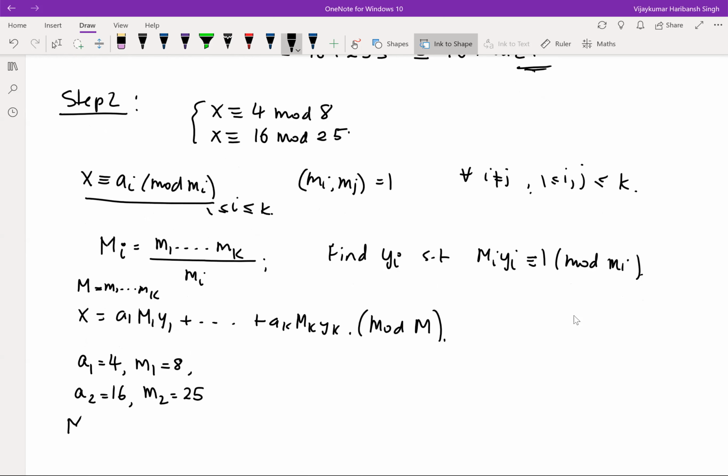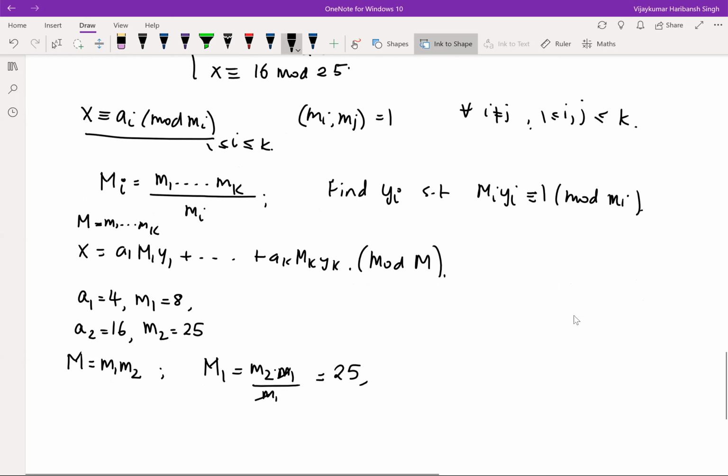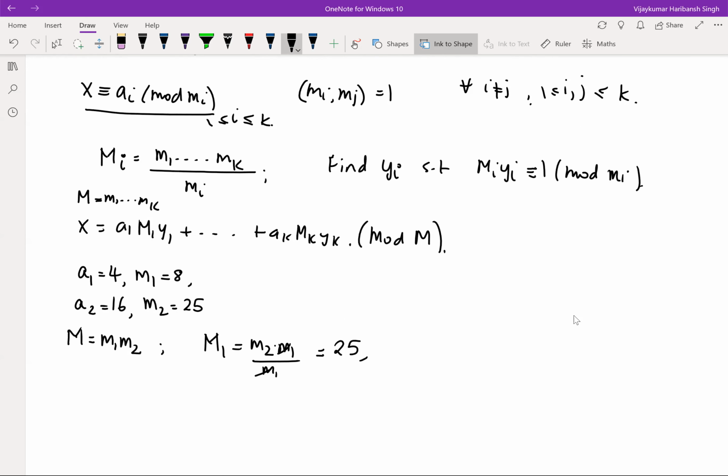So m equals m1 times m2. M1 is m1 times m2 divided by m1, so these cancel out and M1 is m2, which is 25, and M2 is m1, which is 8.